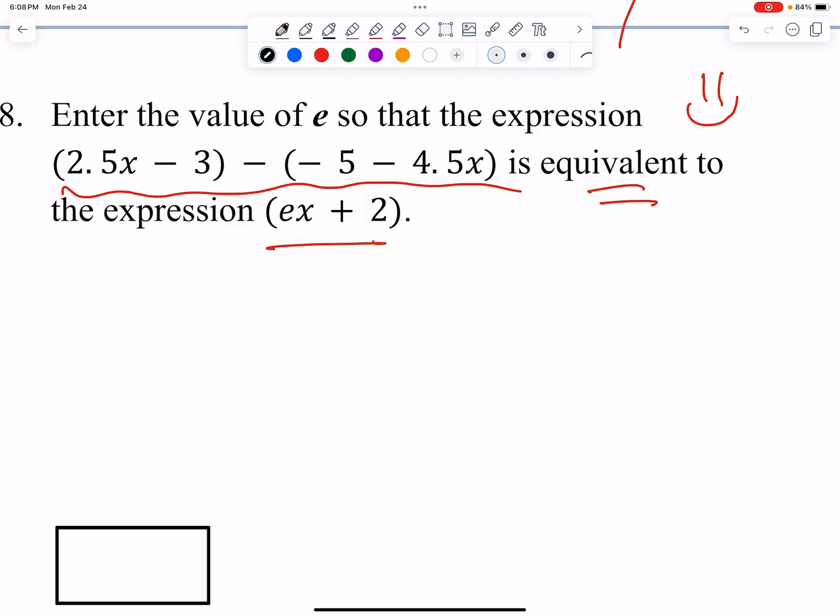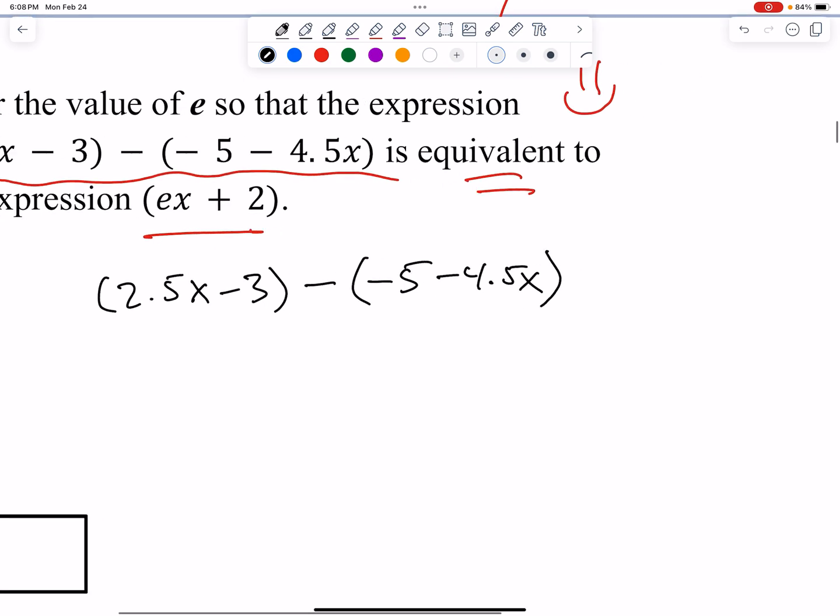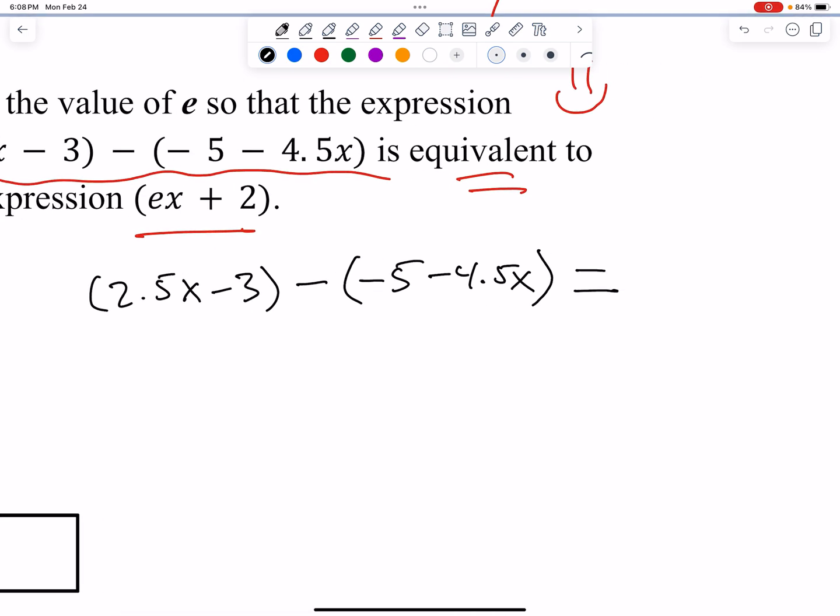Okay, let's write it over again. Let's not be lazy. 2.5x minus 3 minus, I see a minus there, outside of parentheses, negative 5 minus 4.5x is equal to, and again, parentheses, do I really need it? There's nothing there. So it's just ex plus 2.